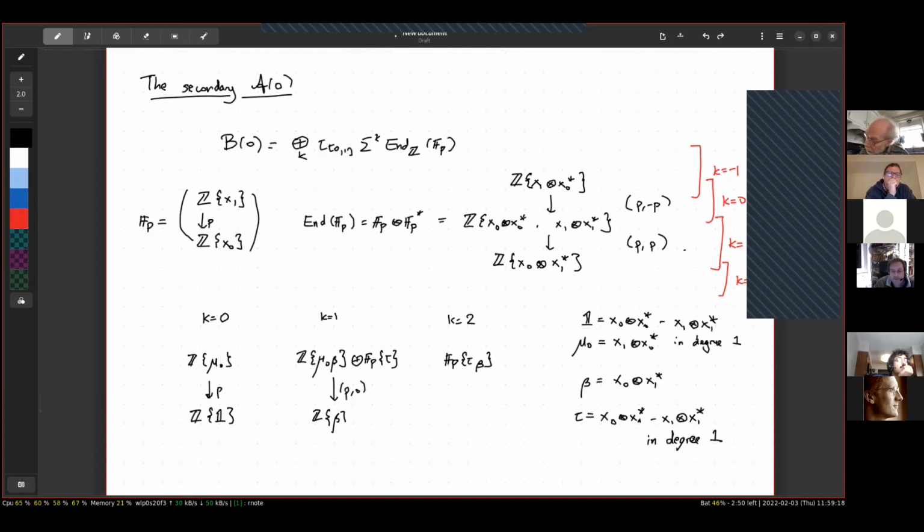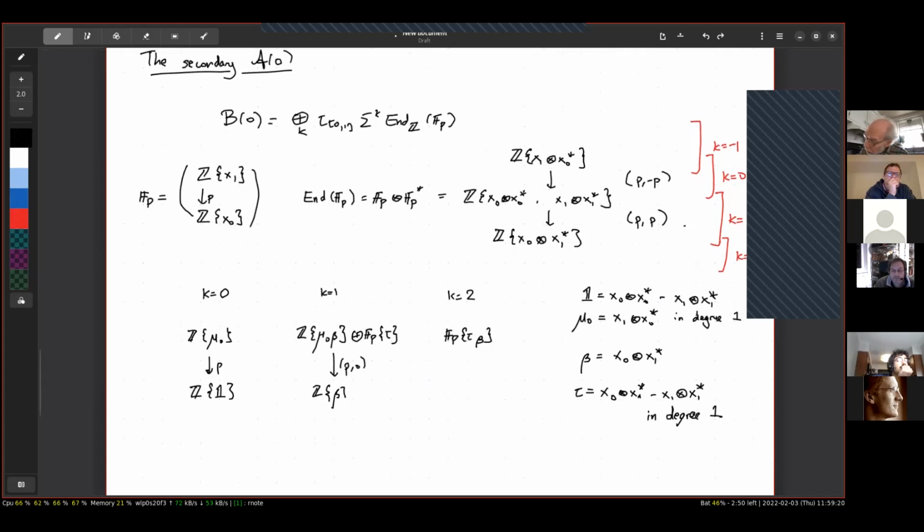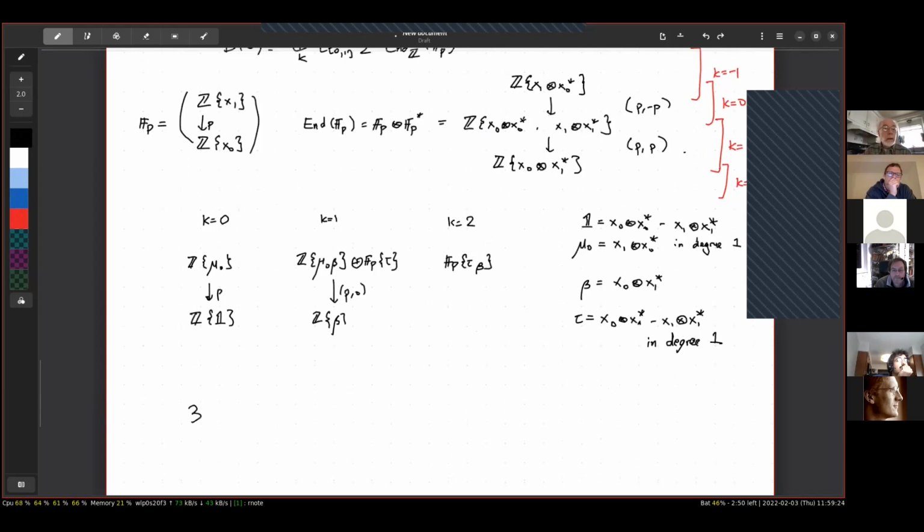Okay, so this is the secondary A0, and I'll just summarize this by saying that B0 below has something that looks like A0, but now over Z, and upstairs you have the null homotopy of p and then an extra copy, which we sort of expect because we know what the homotopy groups look like.